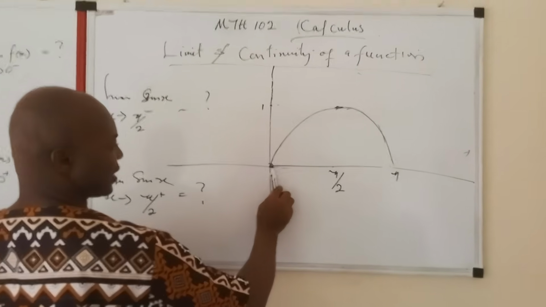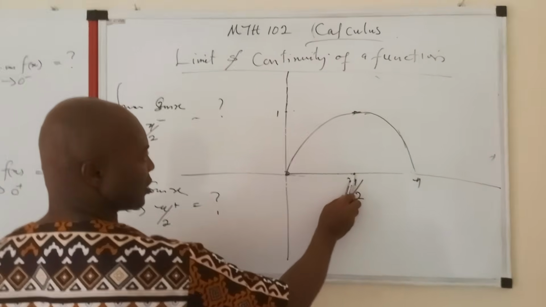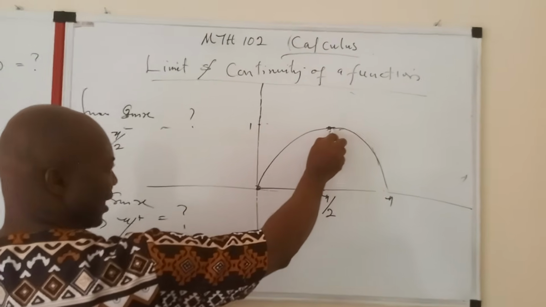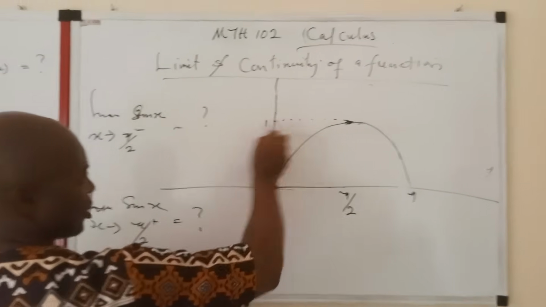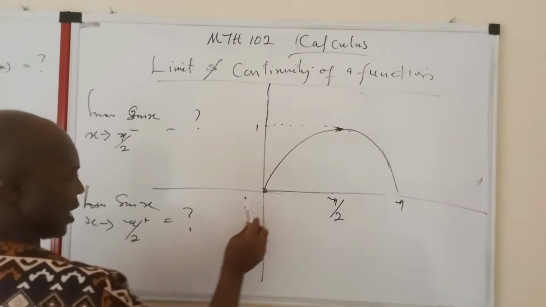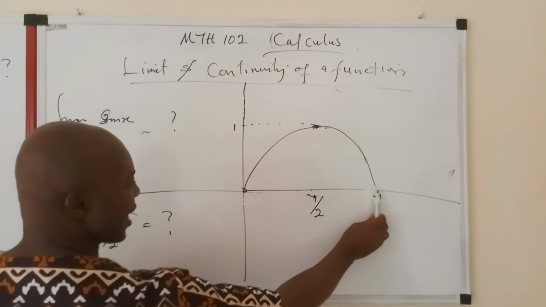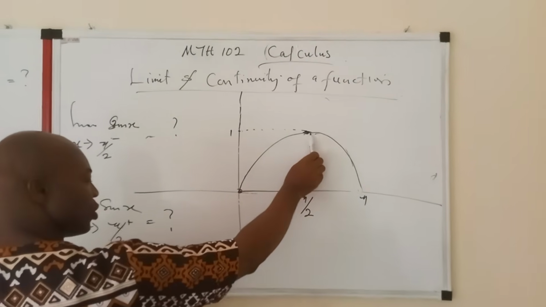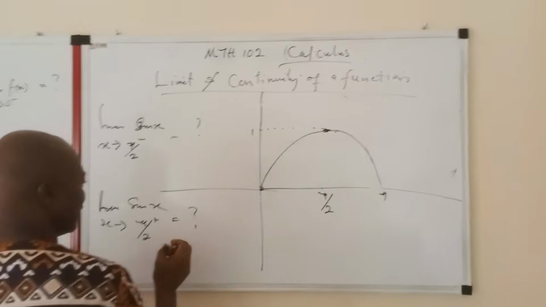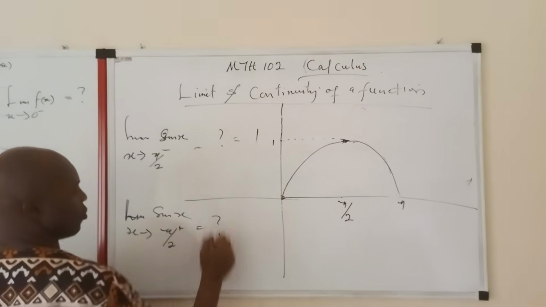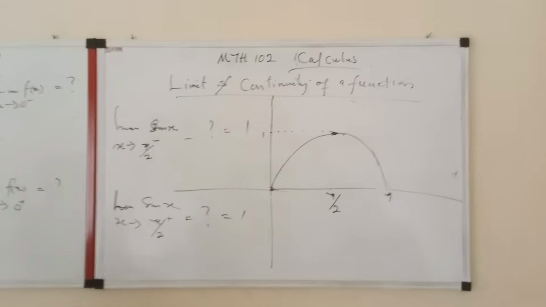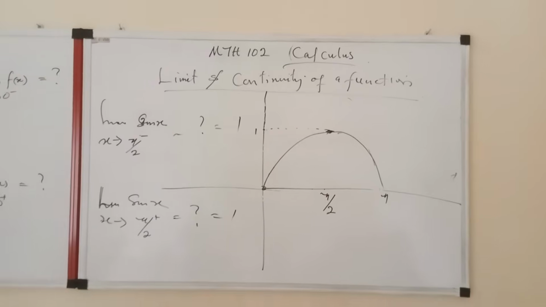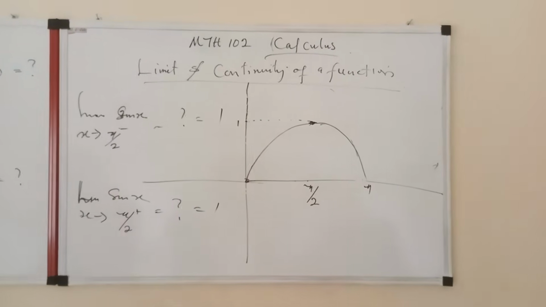As x tends to this point, you can see that the function is going towards this maximum here, and the maximum corresponds to the point 1. From the right, as x also tends towards this side, the function is also tending to a value 1. So this one is equal to 1, and this one is also equal to 1, based on the graph that we have. Then you say the limit exists.